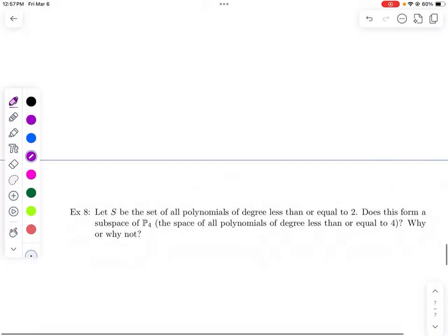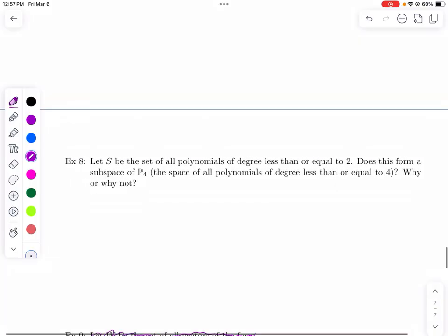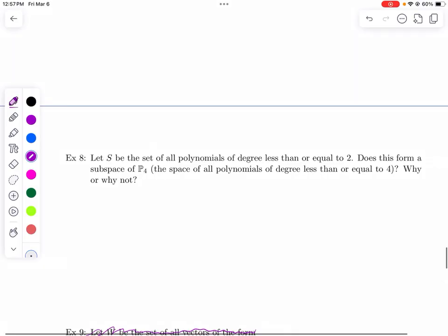This says let S be the set of all polynomials of degree less than or equal to 2. So it's asking, will this set S be a subspace of P4? What is P4? It is the space of all polynomials of degree less than or equal to 4.